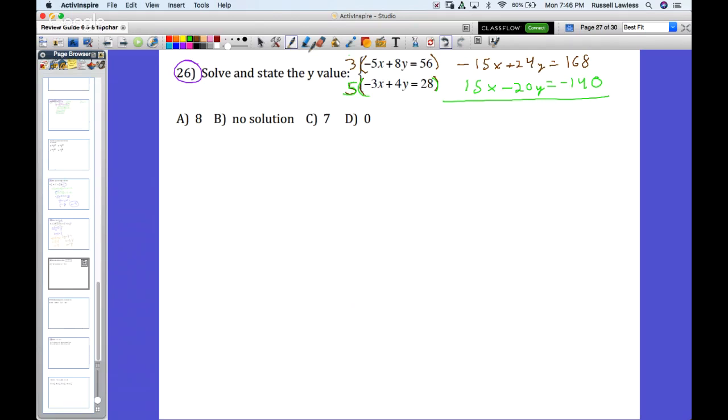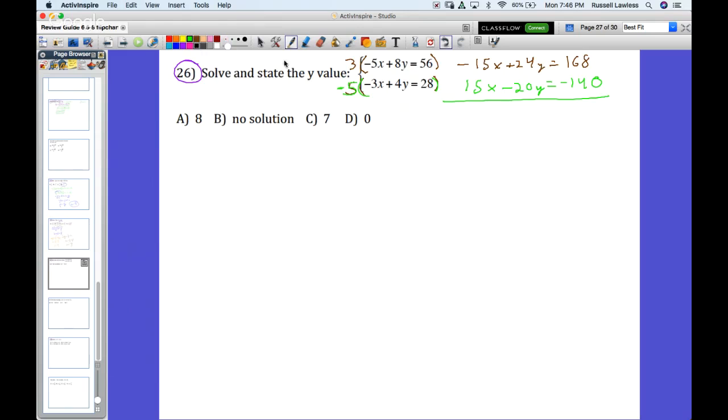Oh, I multiplied by a negative 5, sorry. The reason we multiply by a negative 5 is I need to make one of these positive, one of these negative. And so that gives me a positive 15x.